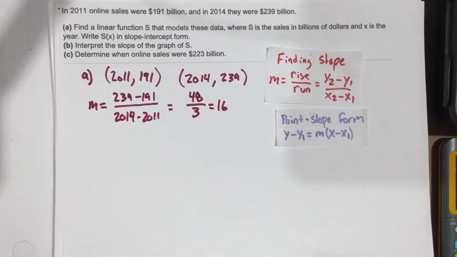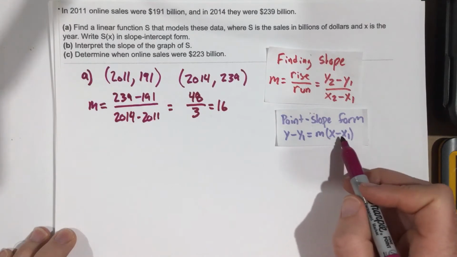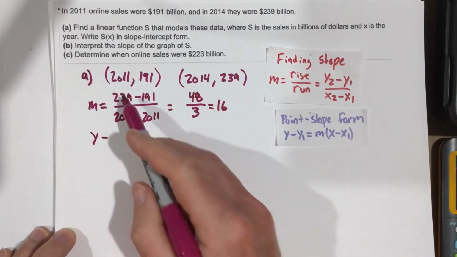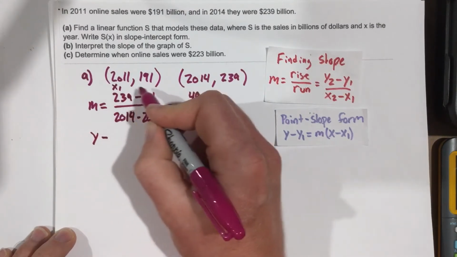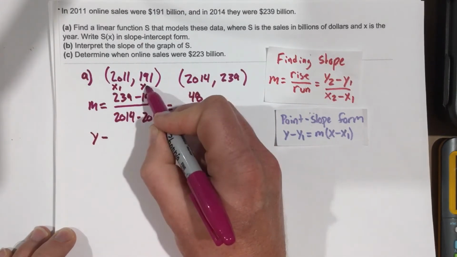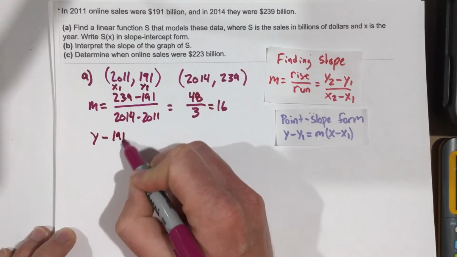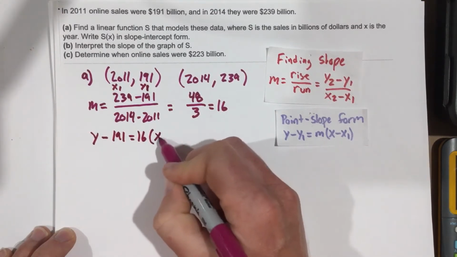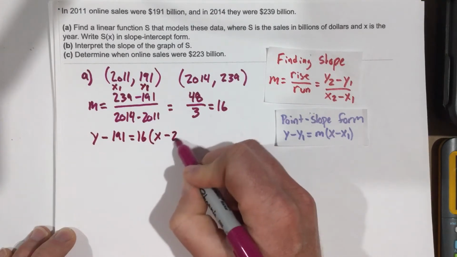So our slope is 16. So let's go ahead and use that slope with point-slope form now. We can say y minus, and we'll use this coordinate here, we'll call this x1, y1. So y minus 191 equals 16 times x minus 2011.